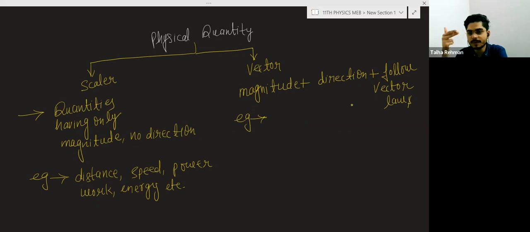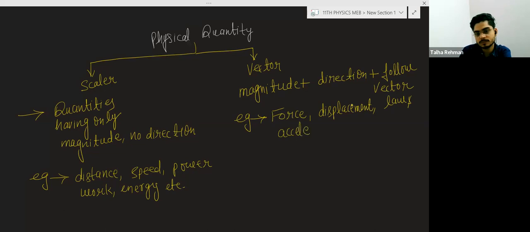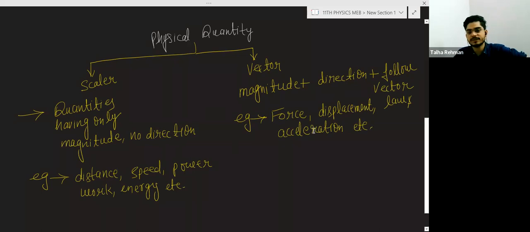Whenever you apply force, there is a particular direction of that. So force is a vector quantity. Displacement also, acceleration. So these are the scalars and these are the vectors.